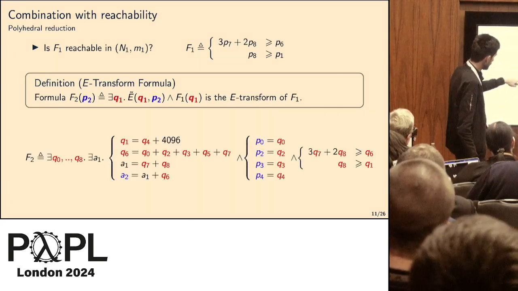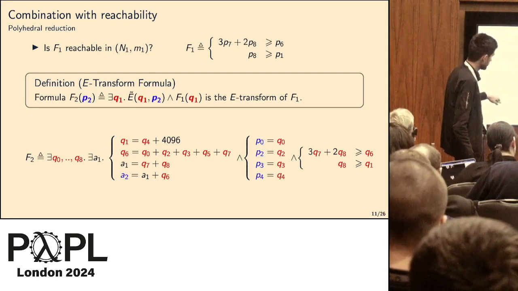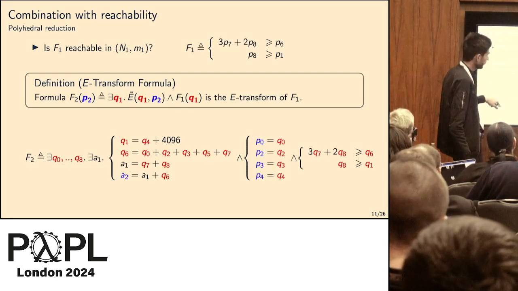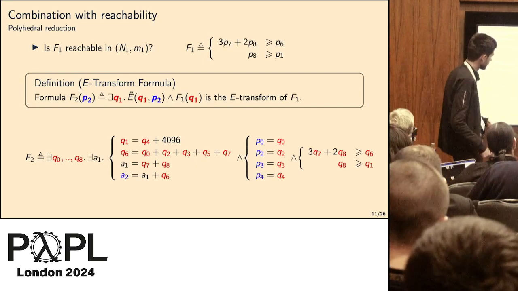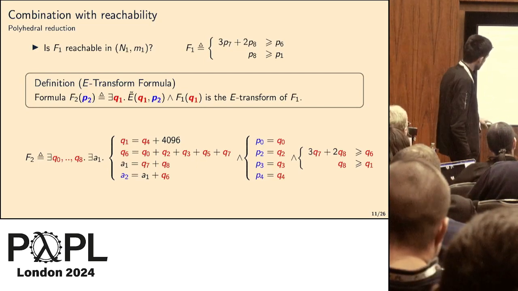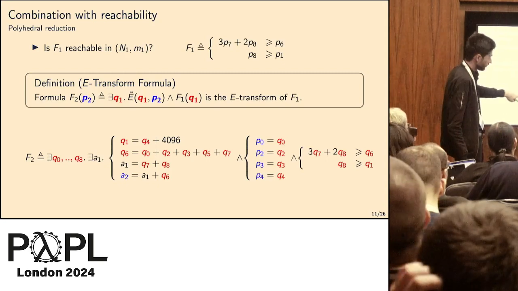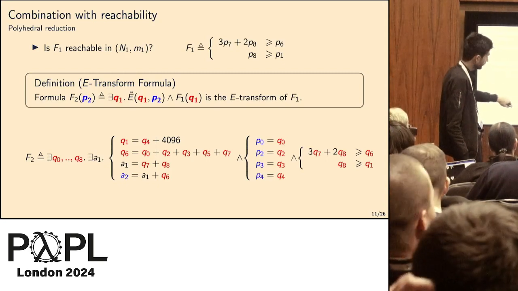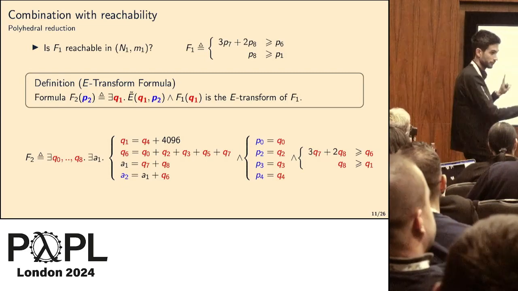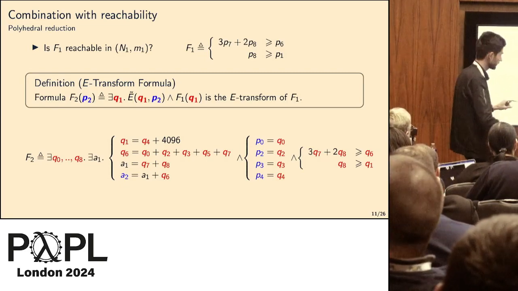If I put in red the variables from the initial net, using the letter Q, and in blue the places of the reduced net, here you have an existential quantification. The predicate E may contain some existential quantification too. We have our predicate E that permits to reconstruct the state spaces.